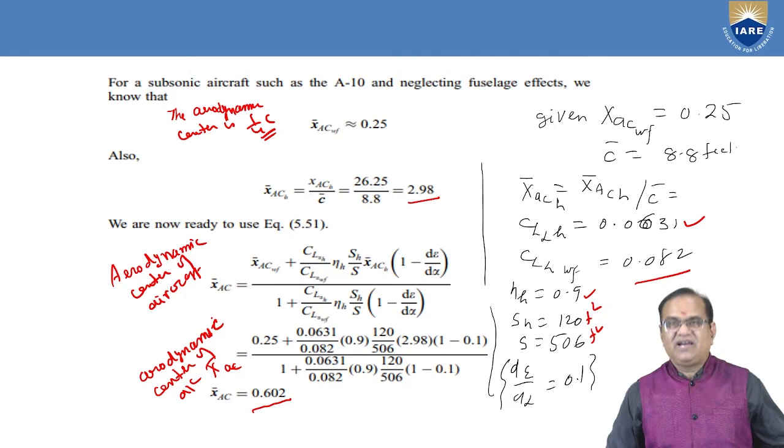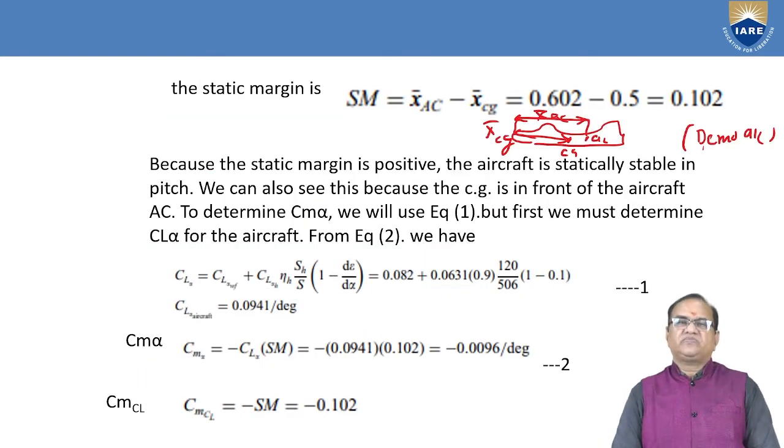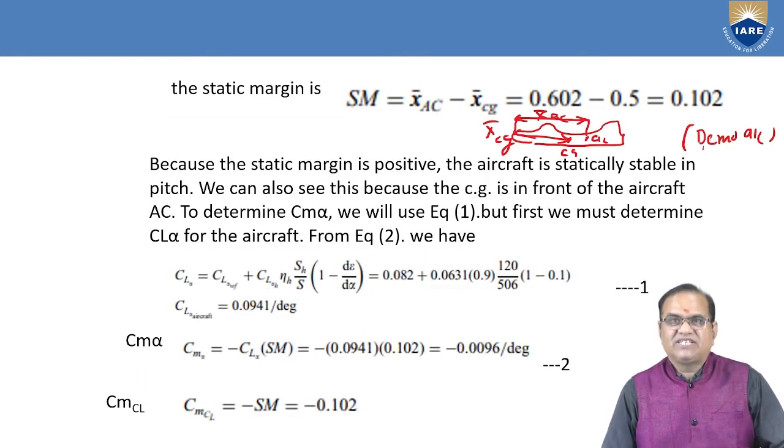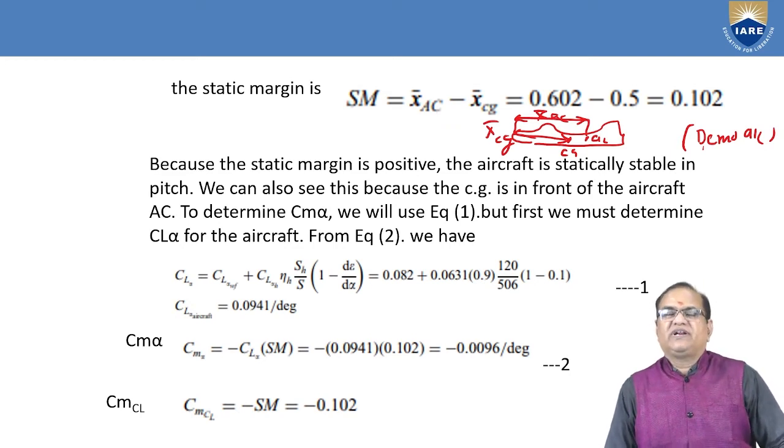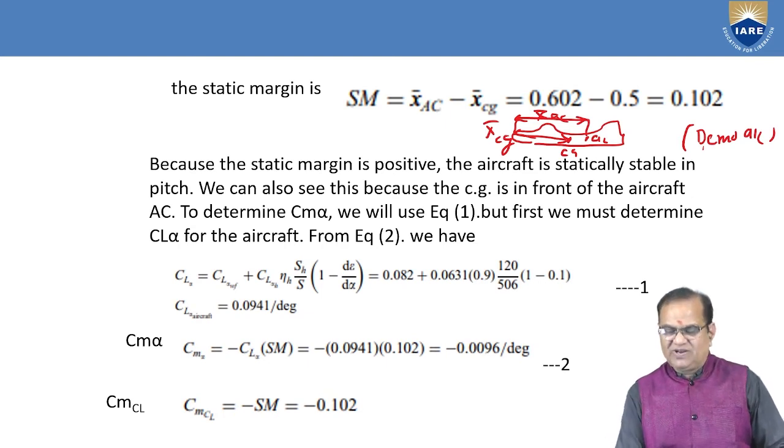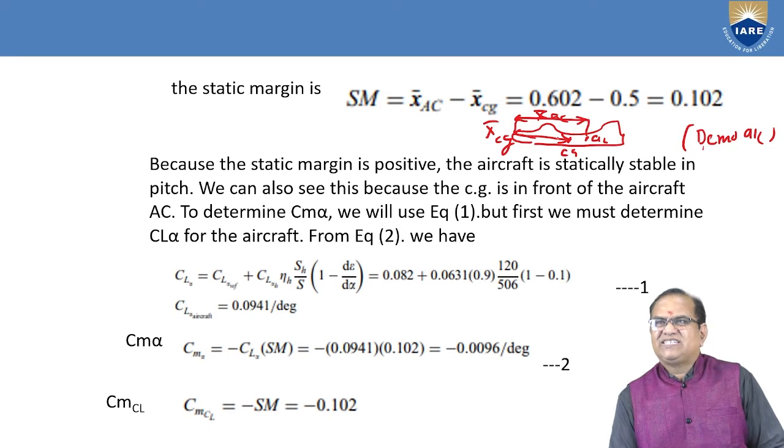Now I will go to part 2. We know that the static margin SM is the difference XAC minus XCG. You can see here that if you take the location, the AC is here and the XCG is here.